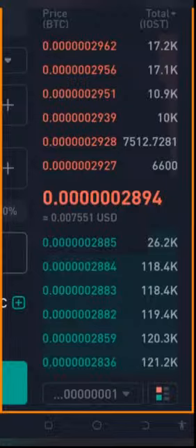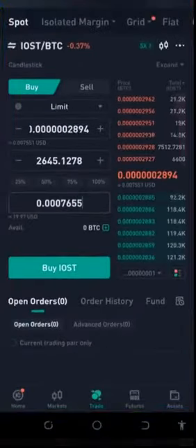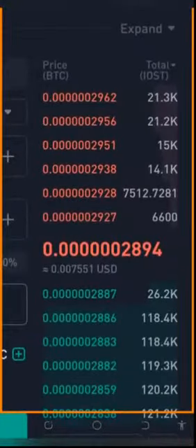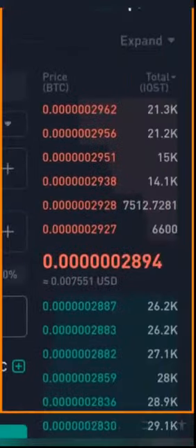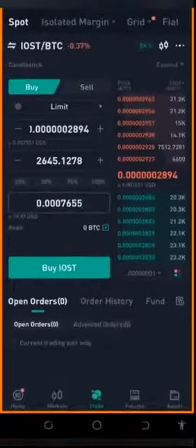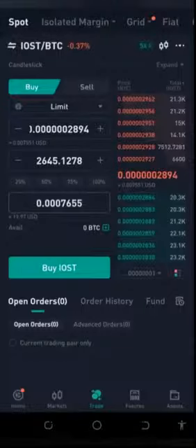No, but it means that what they have here is 26,200 pieces of IOST already in the queue to be bought, right? Same goes here. We've got 6,600 pieces of IOST that want to be sold. That's how you understand what to do with the order book, because these are just submissions of people just like you on this blockchain that want to buy or that want to sell. Okay, so I hope you understand that.